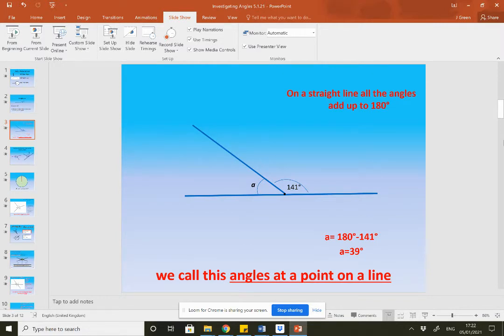Happily, we know that on a straight line the angles have to total 180, and there's only one more angle to calculate. Miss Beresford, what could we do to work out the size of angle A? Could we maybe do 180 take away 141?